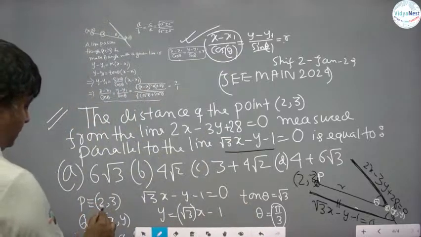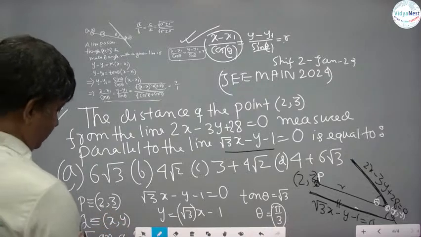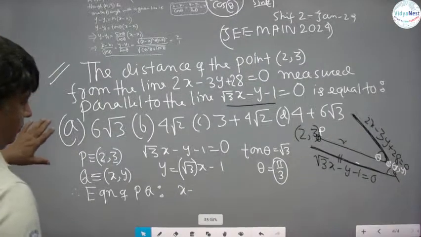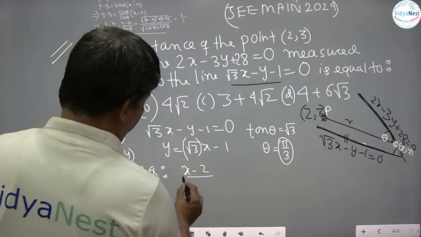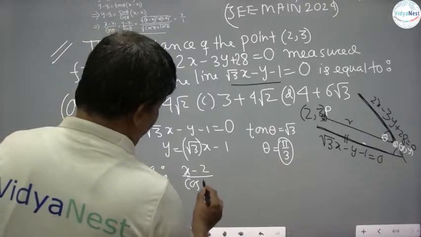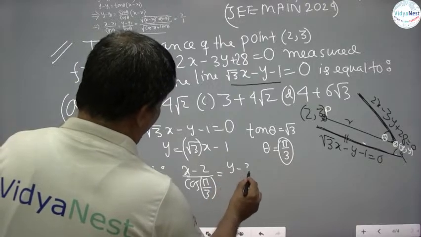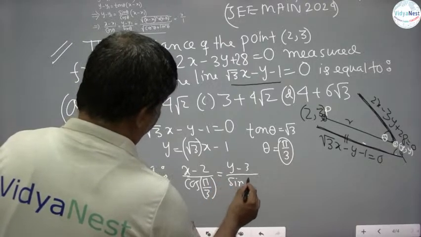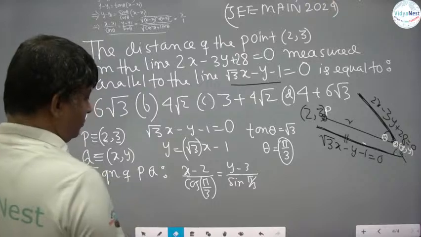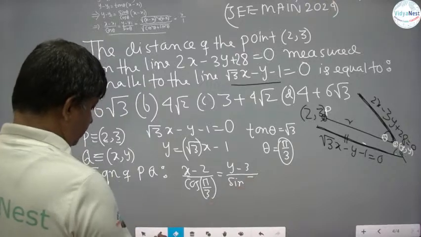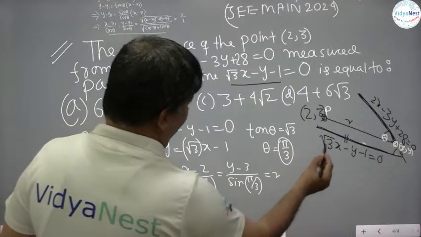Here this is x1, this is y1, okay, and x, y is already given. See, x minus x1 by cos theta, y minus y1 by sin theta is equal to r. R is that distance.